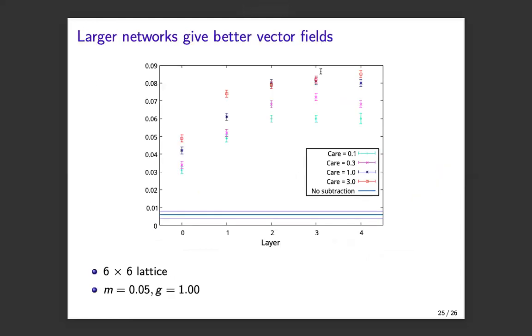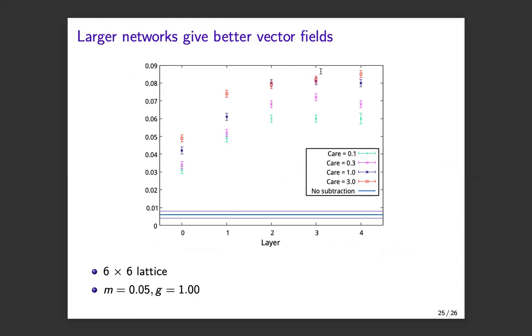Another thing we should explore is that, like we saw in the complex coupling case, when you prepare a larger network, that means you have a larger family of candidates for your normalizing flows or vector fields. You expect that you should get a better vector field, meaning a larger average sign.